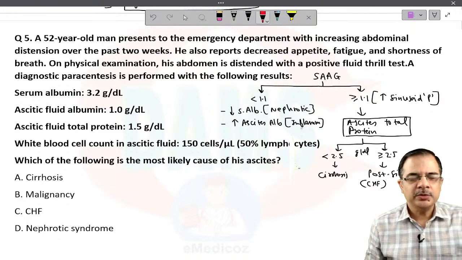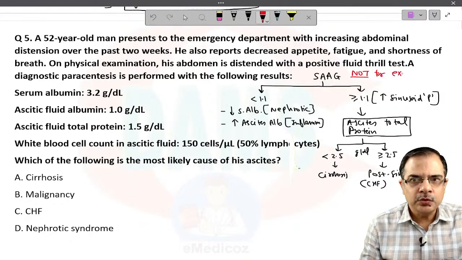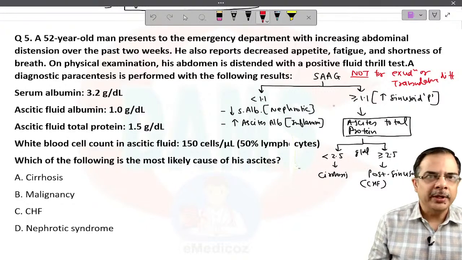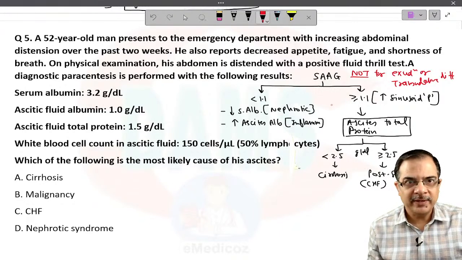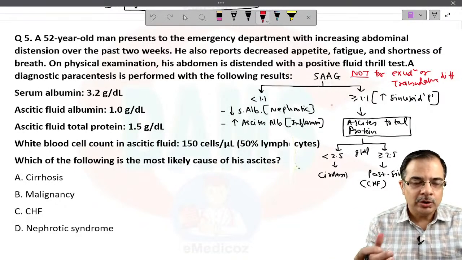Also understand this point. SAAG is never for exudative or transudative differences. It is just whether the cause was high sinusoidal pressure or without high sinusoidal pressure.